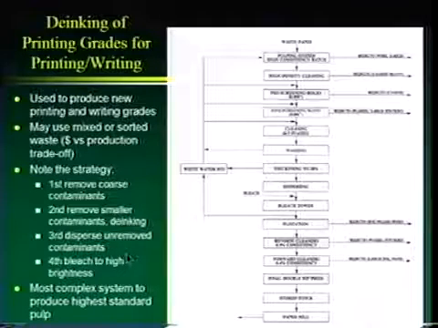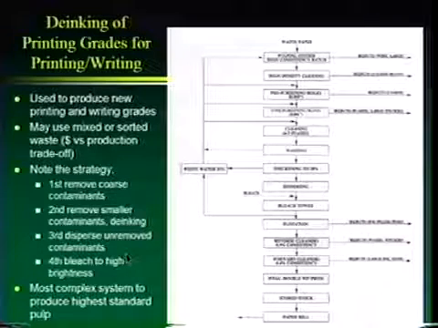The mixed waste is going to be harder to recycle, but it's going to be cheaper. And then our strategy for this process, and I'll show it to you on the projector in a second: we're going to first remove coarse contaminants, then we're going to remove smaller contaminants in de-inking, then we're going to disperse unremoved contaminants, and then we're going to bleach to higher brightness. And this is a very complex process that's very difficult to control and run without trouble.